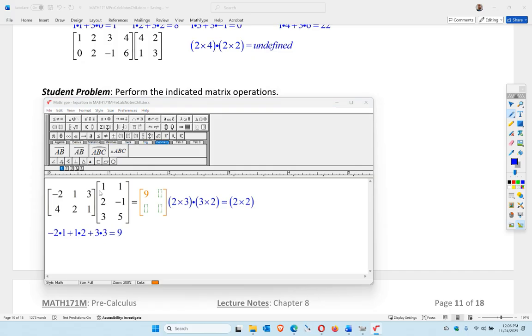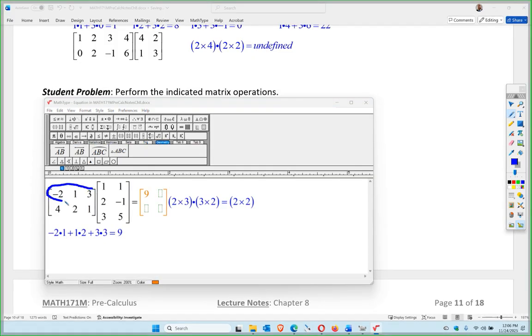Then I'll do the next one, which is the top row and the right-hand column. So top row, right-hand column is this, right? It's going to give me this answer here.